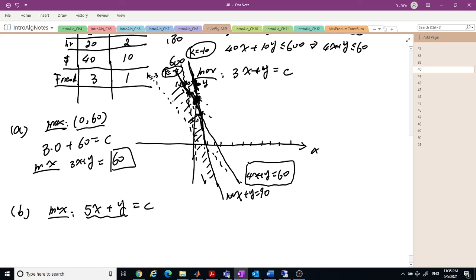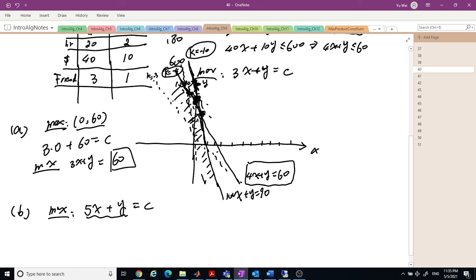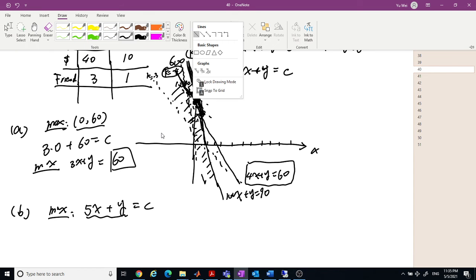Okay, so now let's see. If we do the 5, basically we're passing inside this line, so we should go to the intersect of these 2 points. Let me use another color.